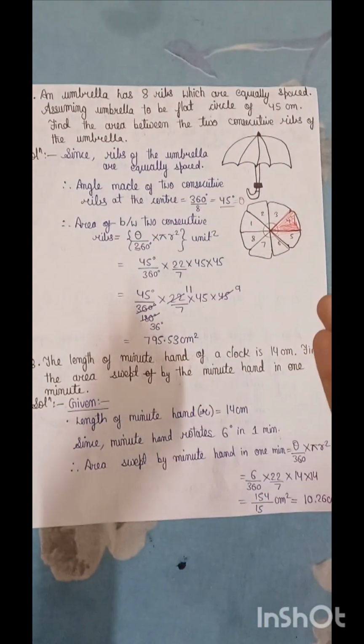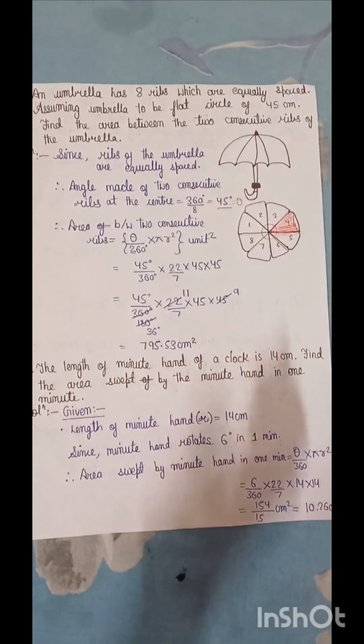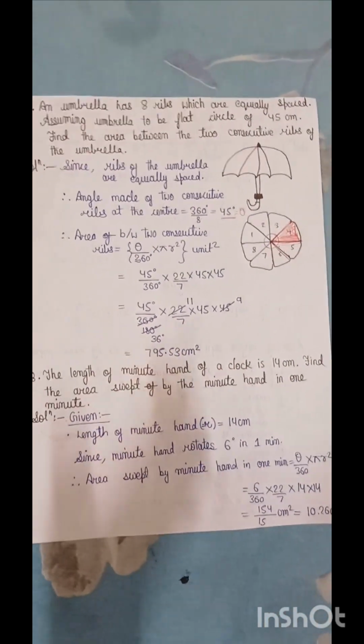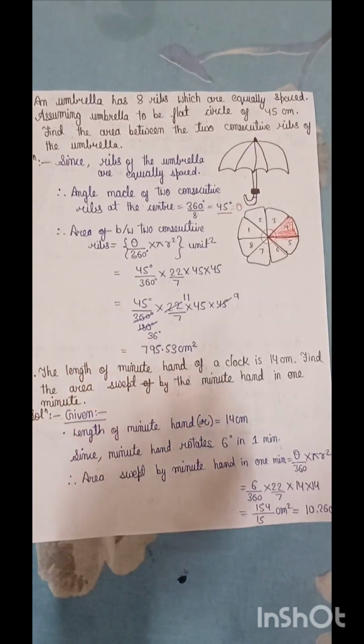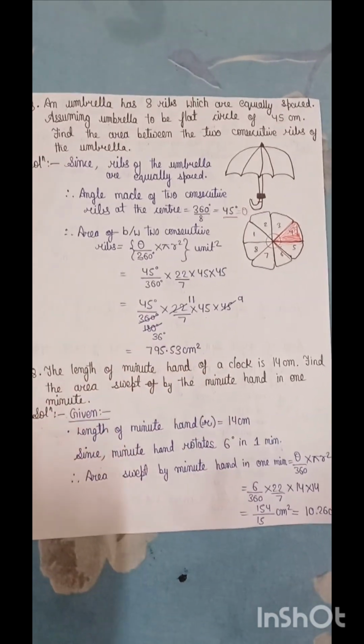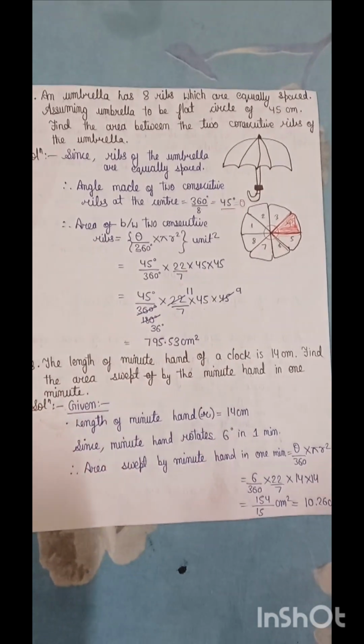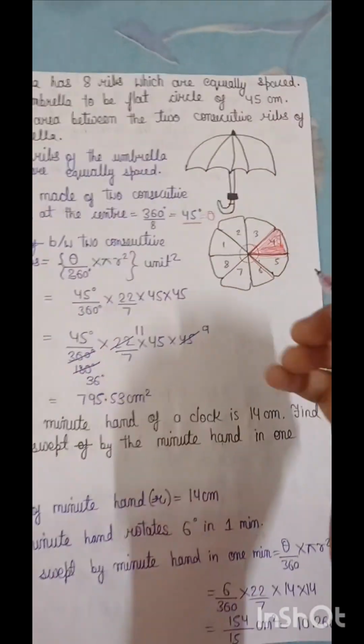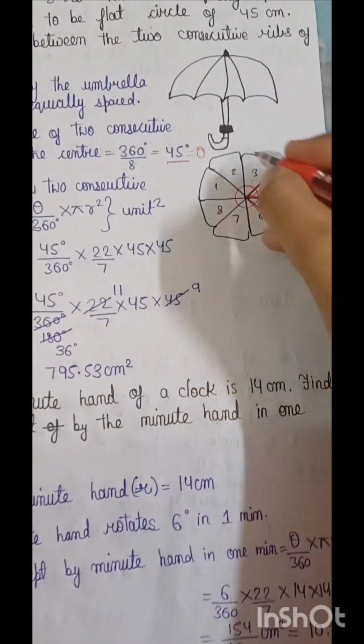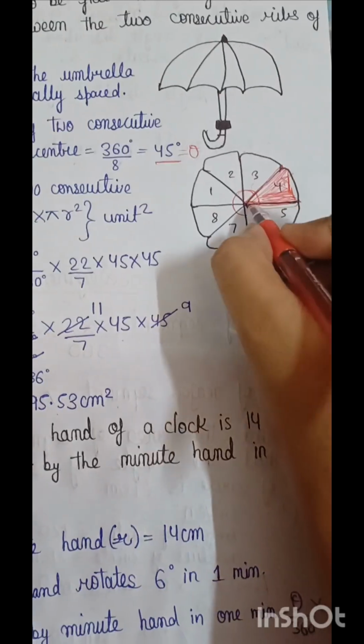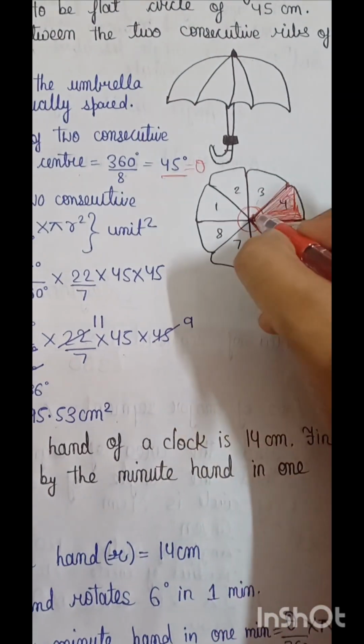Now coming to the next question. An umbrella has 8 ribs which are equally spaced. Assuming the umbrella to be a flat circle of radius 45 centimeter, find the area between two consecutive ribs of the umbrella. See, let us first understand what ribs are. These are called the ribs. This is a rib, this is another rib, this is a third rib.